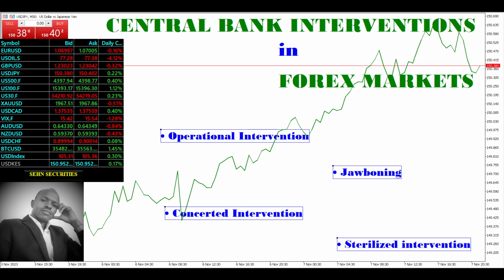So what are some of the examples or the cases where central bank interventions have been made? We see that there are numerous central bank interventions that have been made over time, but some of the examples that we can mention include the COVID-19 pandemic of 2020.